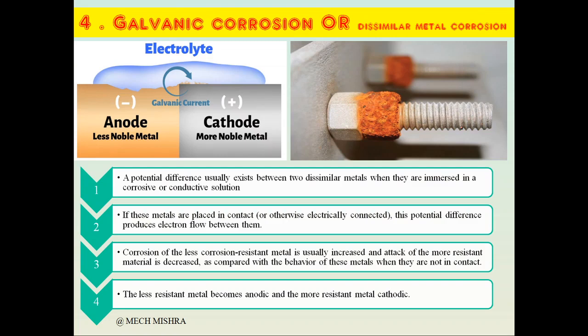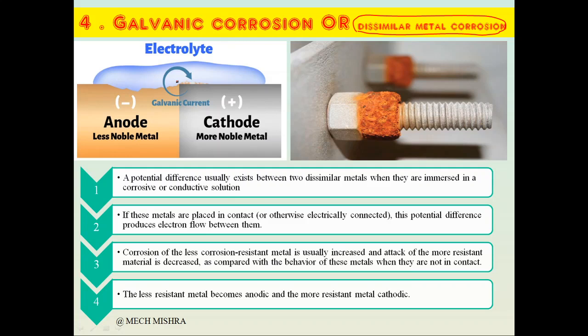This is a very important form of corrosion, that is galvanic corrosion, or sometimes we call it dissimilar metal corrosion. So what happens in galvanic corrosion? As you have heard, in a galvanic cell there will be two things, one anode and one cathode.